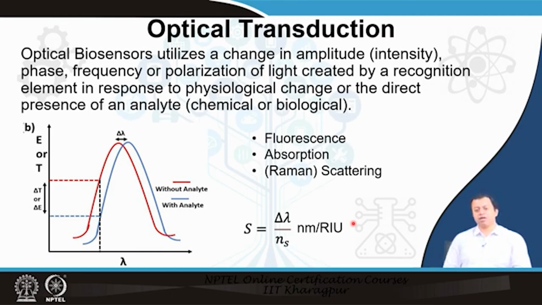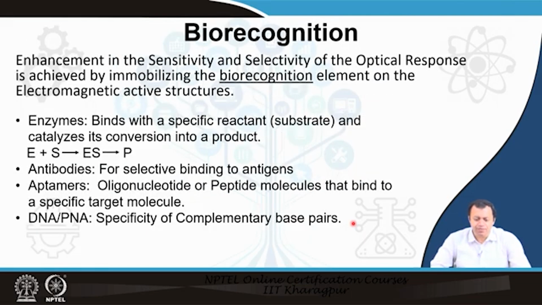It was scattering a particular photon, maybe the energy of the photon was at a particular frequency compared to the incoming photon, higher or lower, Stokes or anti-Stokes. Now a completely different photon is being scattered, because now it is not simply that material which is scattering the photon, it is that material plus the analyte which is scattering the photon, and as a result a Raman shift, a Raman scattering modification, has happened.